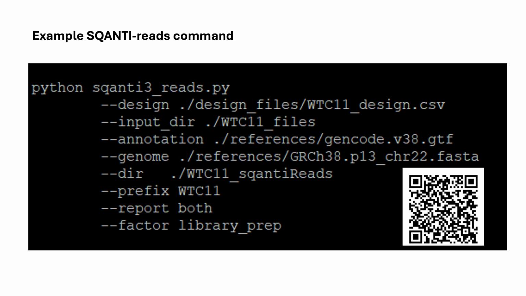Then we specify the reference, annotation, and genome files using the respective flags. Dir sets the output folder, and prefix controls how the output files are named. With report, you can ask for PDF, HTML, or both as your report output, and here it's set to both. And finally, factor lets you tell SQANTI-reads which metadata column to use for grouping plots. In this case, library prep.